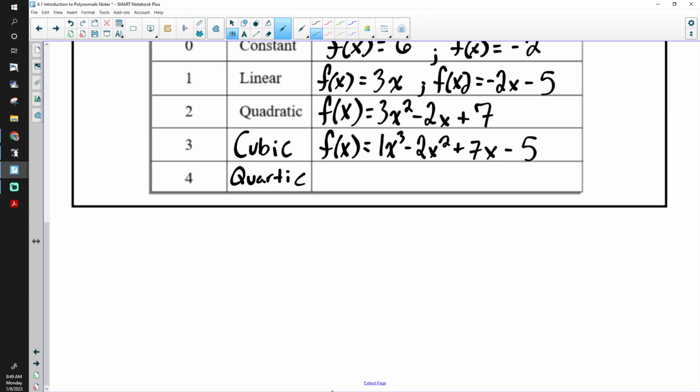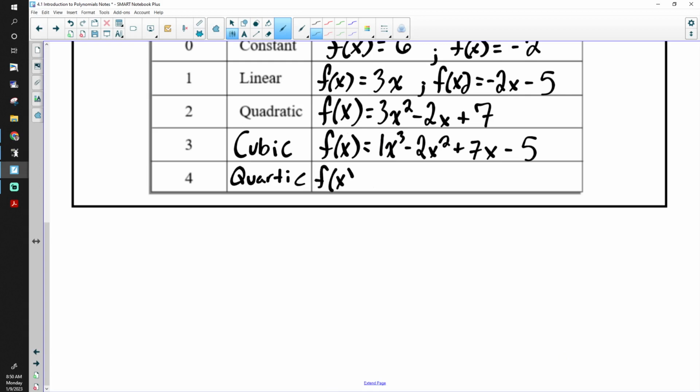Anything above this you can just call 5th degree, 6th degree, 7th degree, 8th degree. There are names for all of them, forever. But you only need to know 0, 1, 2, 3, and 4. Constant, linear, quadratic, 3rd degree, cubic, 4th degree, quartic. Here's a good example.